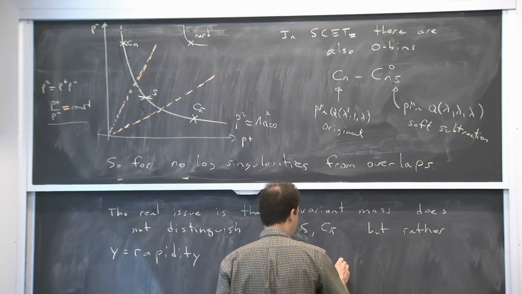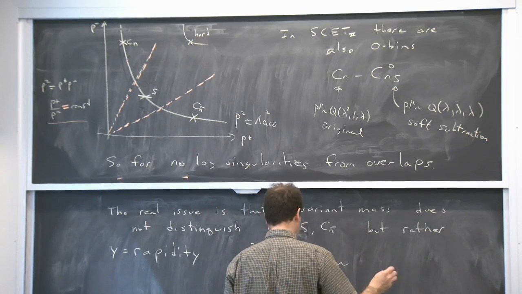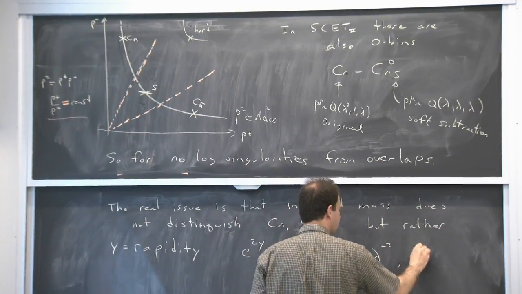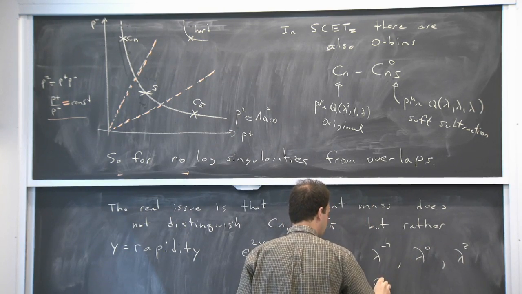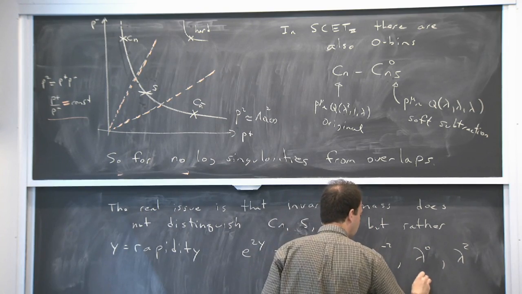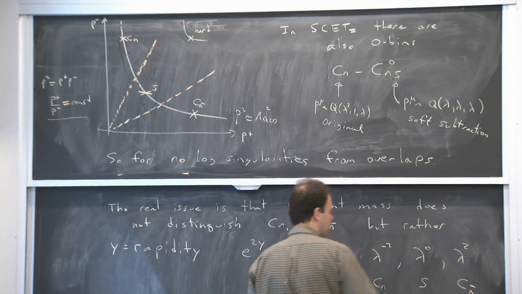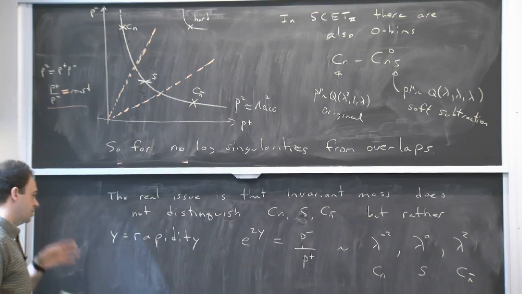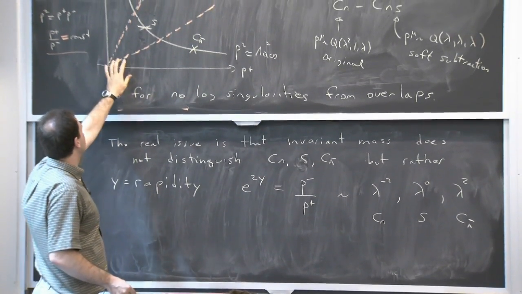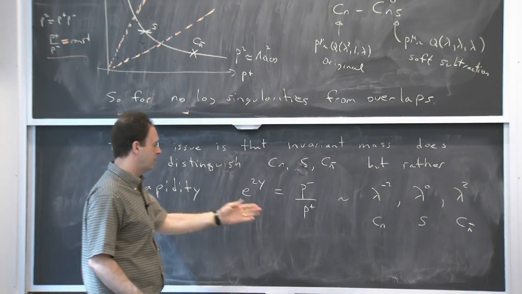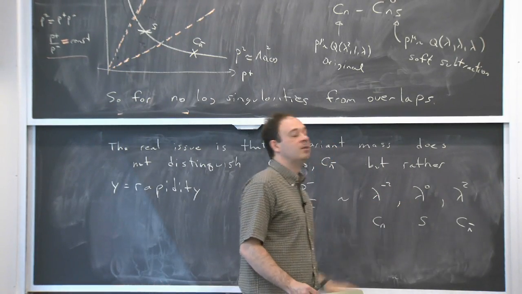And if you look at the scaling of that, it scales like either lambda to the minus 2, lambda 0, or lambda squared for the different cases for Cn, S, and Cn bar. So it's this variable that's really distinguishing the different modes. And these orange lines are just dividing lines between these in rapidity.